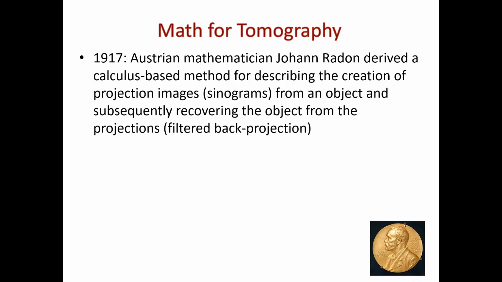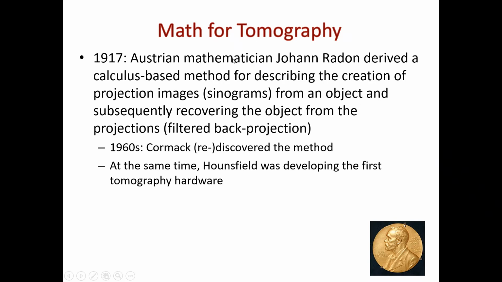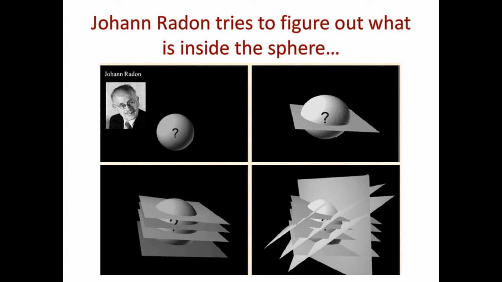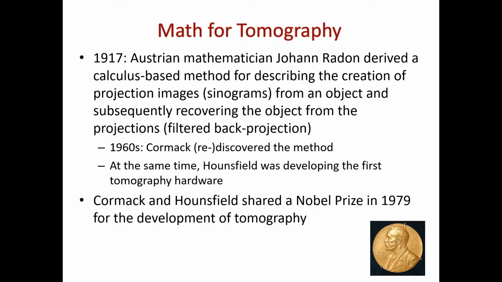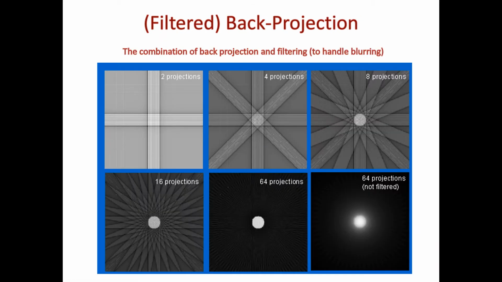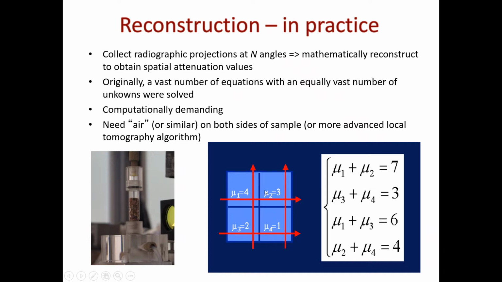Great. So that math was worked out initially in 1917, but was forgotten until the systems were actually built that could do that. So Radon started, but it's Cormack and Hounsfield who redeveloped it in the 60s. So this is a simple view of a parallel beam going through material of 4 voxels.